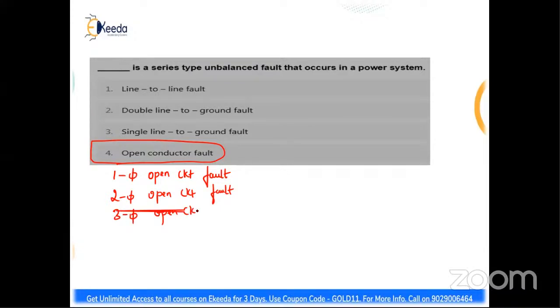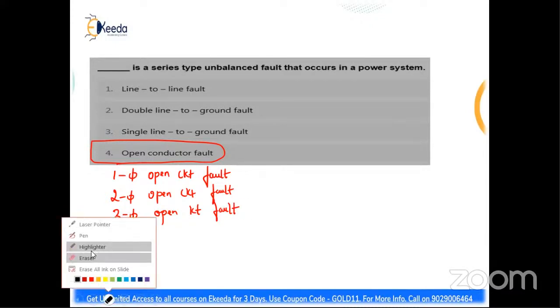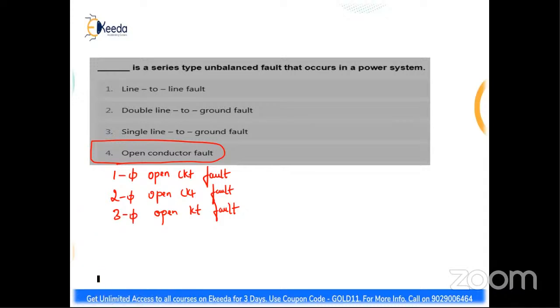So these are the different types of open circuit faults. It's telling that the series type unbalanced fault that occurs in a power system is the open conductor fault.